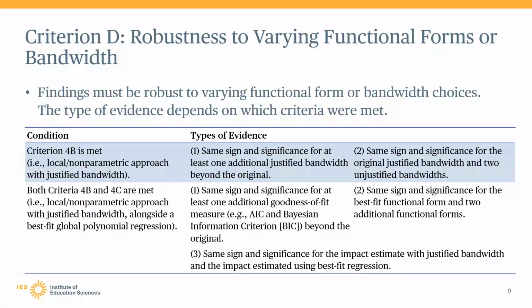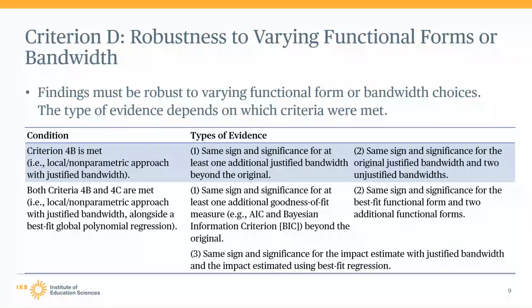First, the study could satisfy 4D if the sign and significance of impact estimates are the same using a total of at least two different goodness of fit measures to select functional form. This will typically mean one additional goodness of fit criterion beyond the one used to select best fit regression.